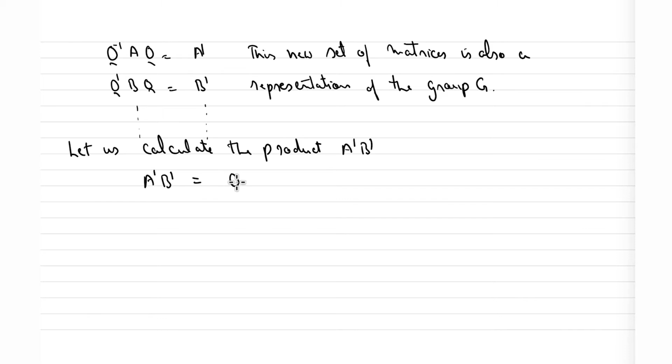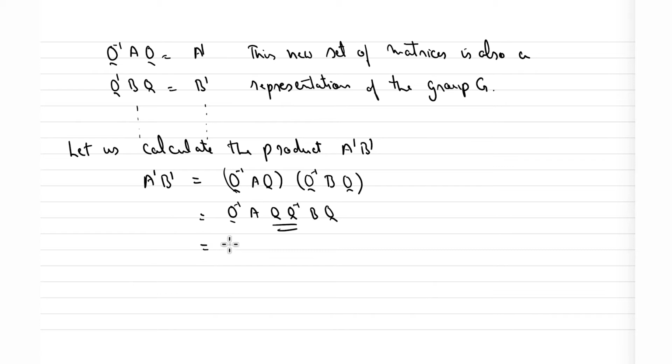So we will see Q inverse AQ, Q inverse BQ, and we can write this as Q inverse A Q, Q inverse BQ. Now this term goes to E, so we can remove this.